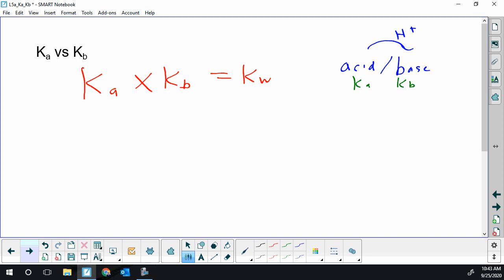But a test could easily throw in H2CO3 and ask you, is this the Kb for H2CO3? That would be incorrect, because that's not the conjugate. That's adding an H to this. It's got to be the acid. You take away an H, you get that species. You can predict that Kb.